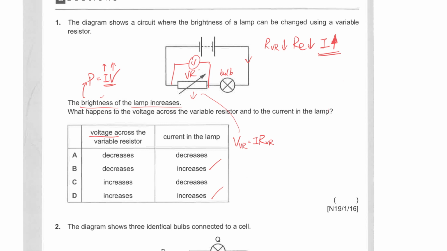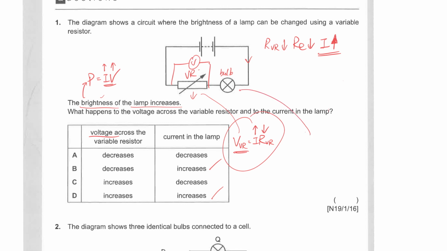Just now we already established that the current flowing through the circuit is going to be higher, but you reduce the resistance of the variable resistor. Now if one increases and one decreases, it's very difficult to convince yourself whether the voltage across the variable resistor should increase or decrease. So that means we cannot use this approach.